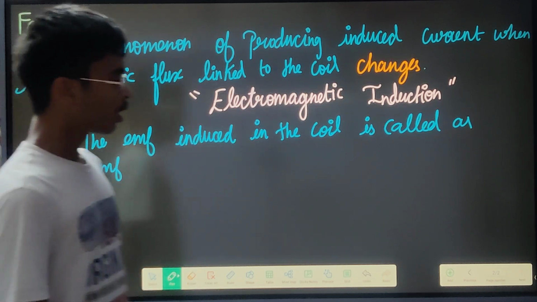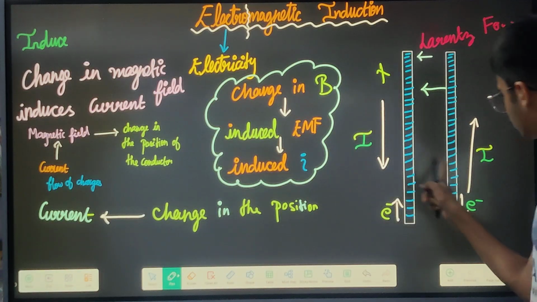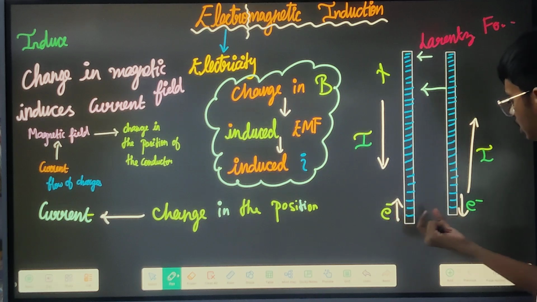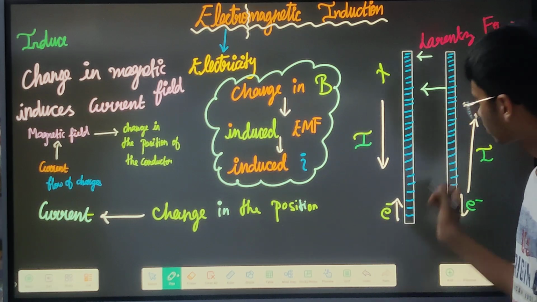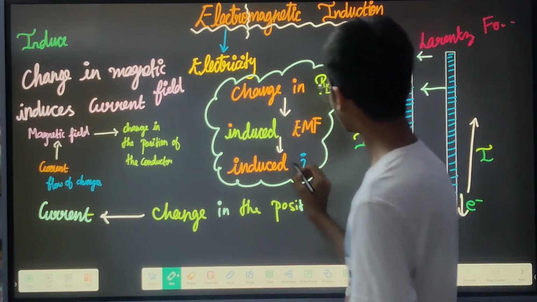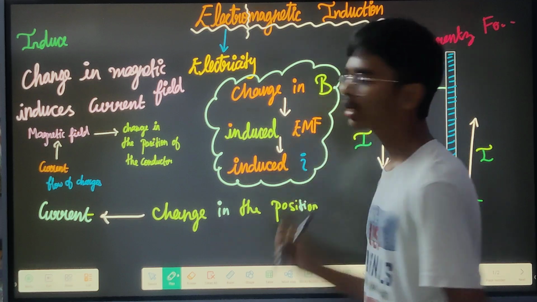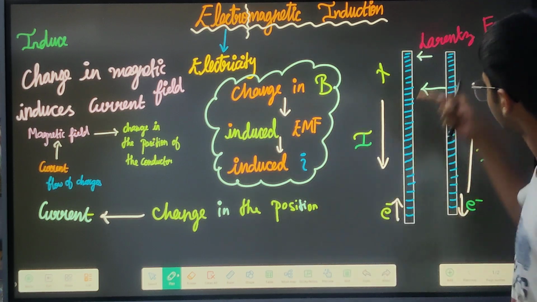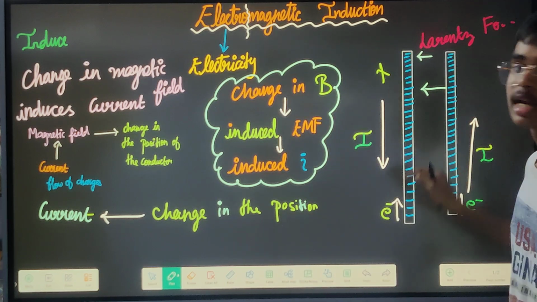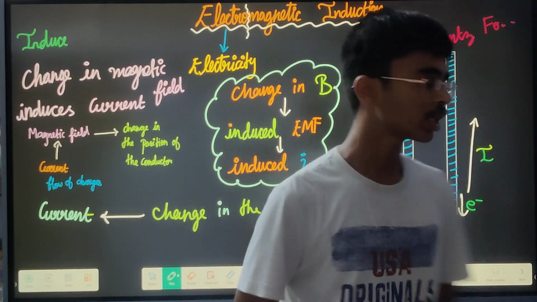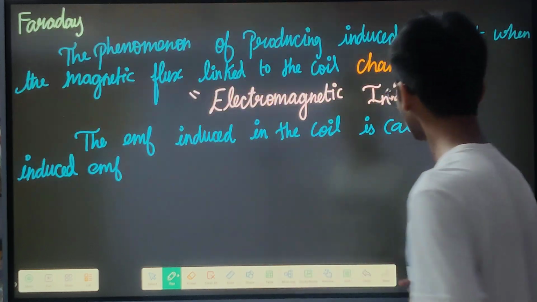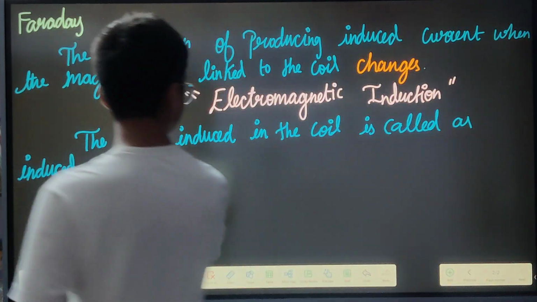See, when current is being produced, when I just shake it, automatically current will be produced, right? Actually, before current is created, EMF will be created, and that EMF is induced in this wire, so that is why that EMF is said to be induced EMF.